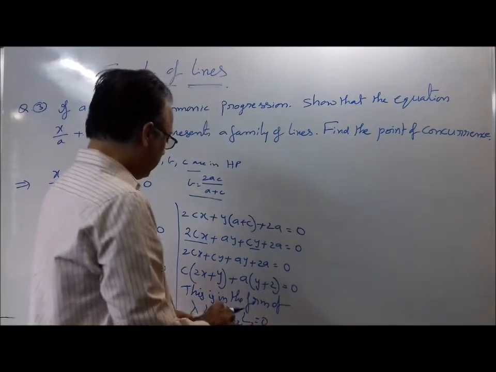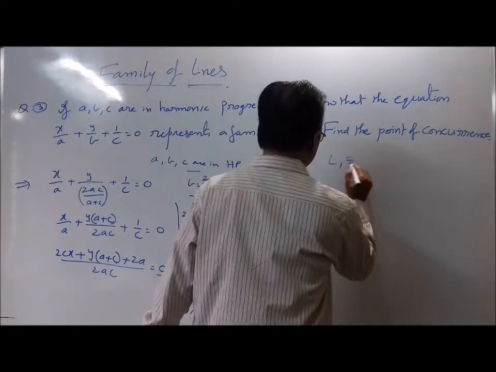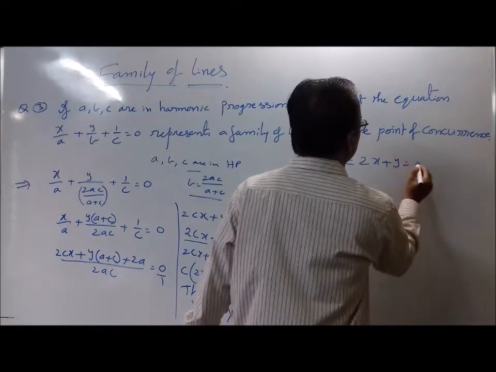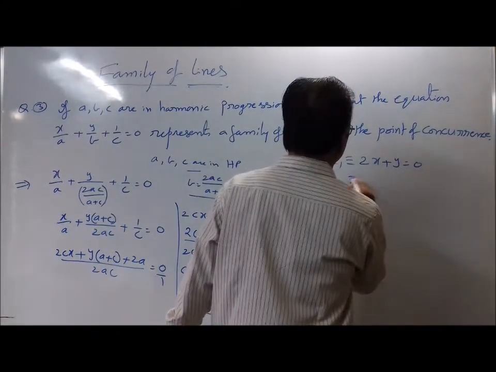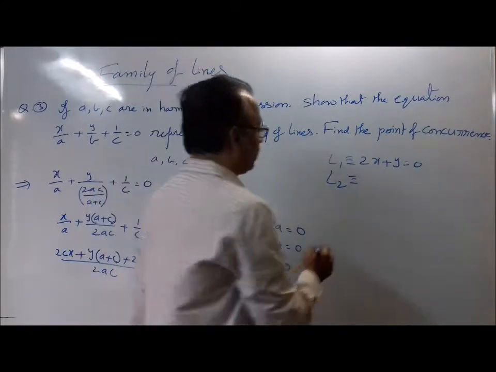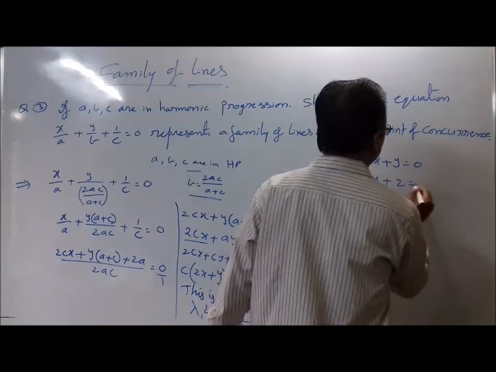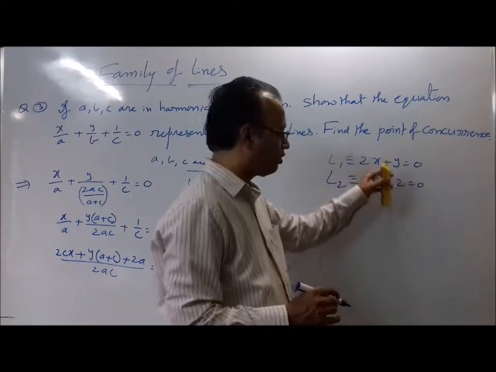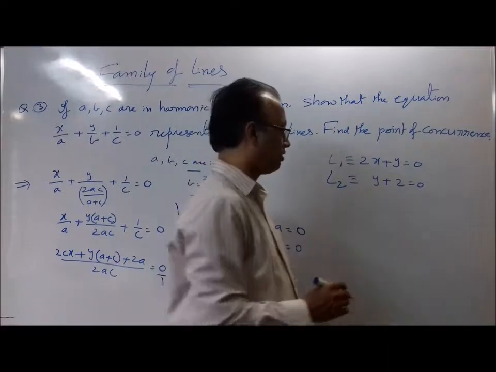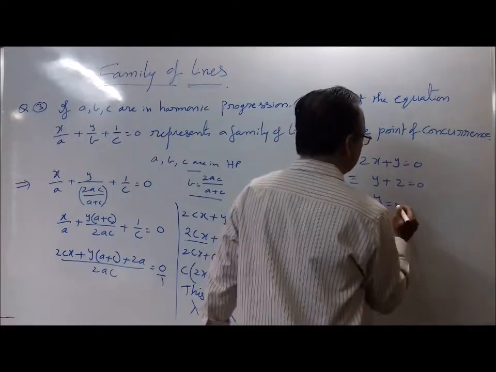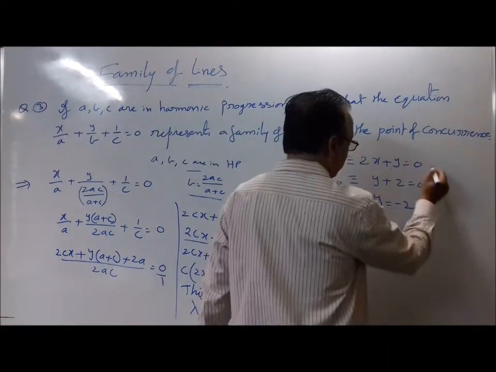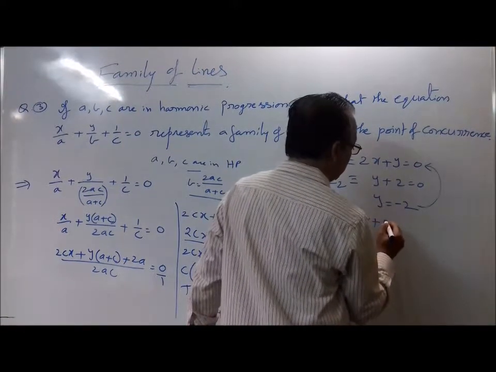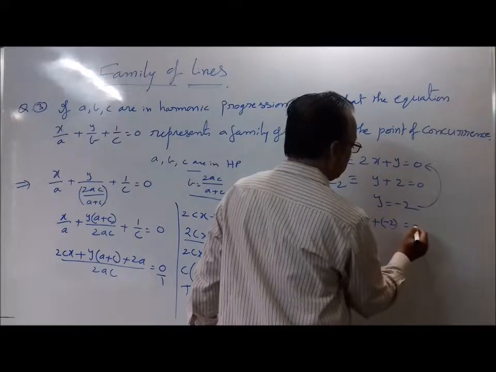Now, what does the first line L1 represent? 2x plus y equal to 0. Second line, y plus 2 equal to 0. I have to solve these two lines. So y is minus 2. Substituting in this one, 2x plus y value minus 2 equal to 0.